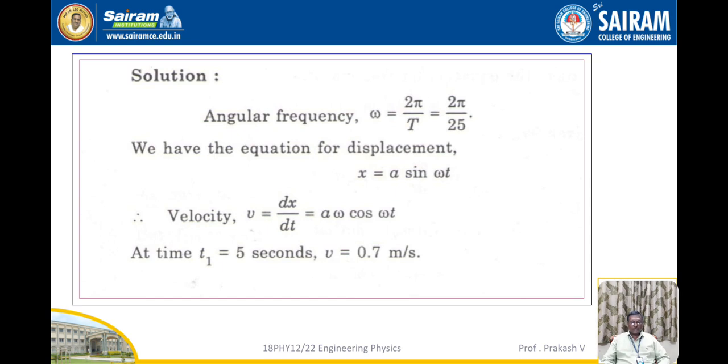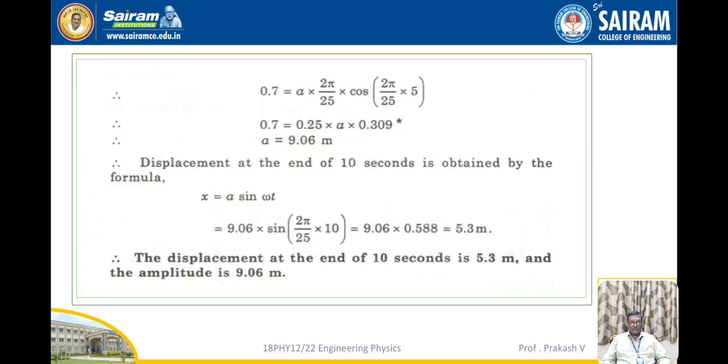So substitute the values here. So 0.7 is equal to a into 2 pi by 25 into cos of 2 pi by 25 into 5. So 0.7 is equal to 0.25 into a into 0.309. So finally we can calculate the value of a is equal to 9.06 meter.